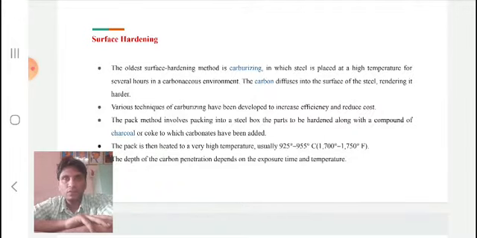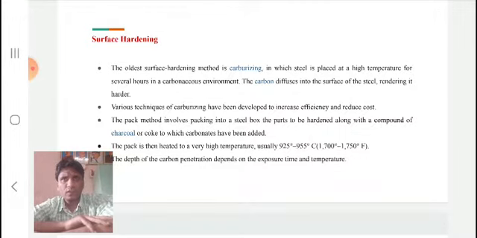So the carbon from the charcoal diffuses into the surface layers of the steel. This was the technique used in those days to get the surface hardened.